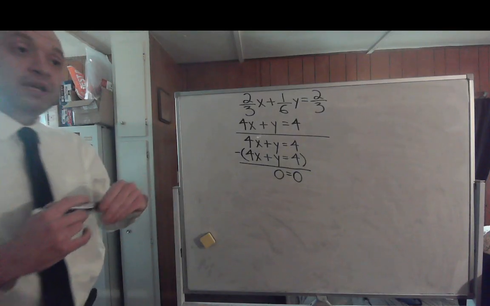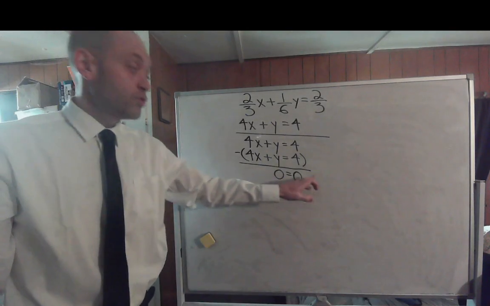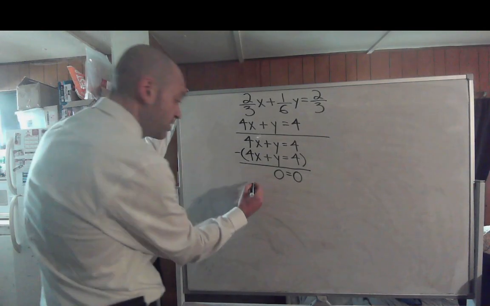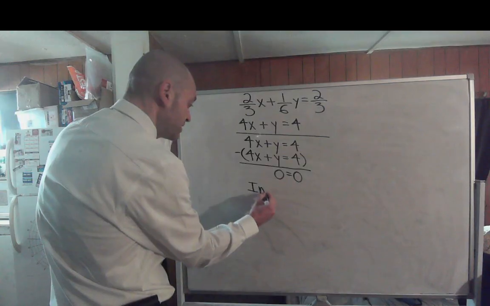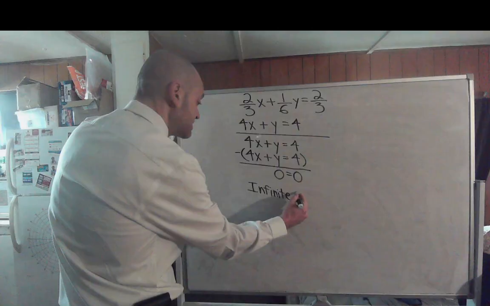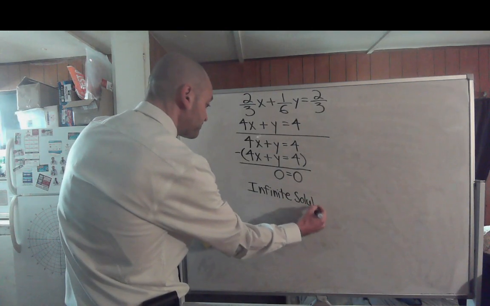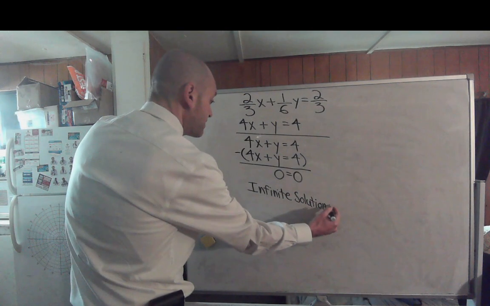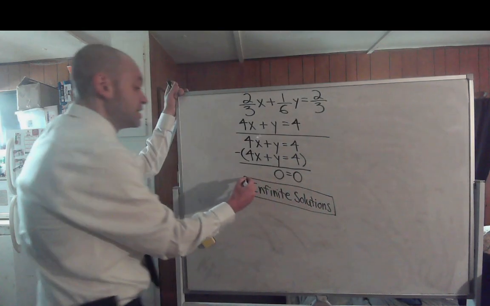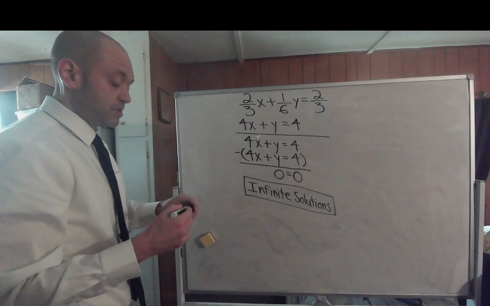What does that mean this time if you have a true statement? The left side equals the right. There are infinite solutions is what that means. So you have infinite solutions. So every point on the line is going to hold up.